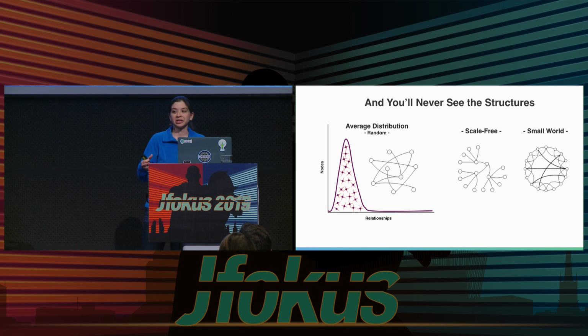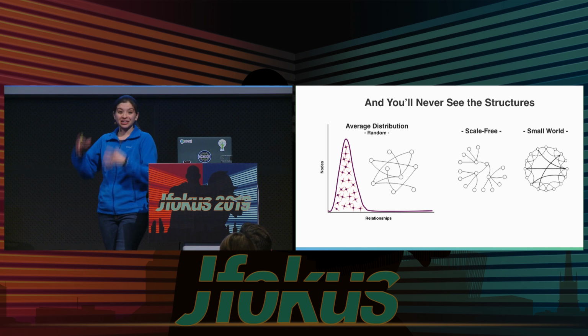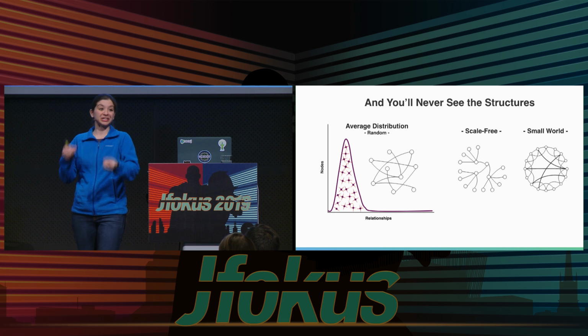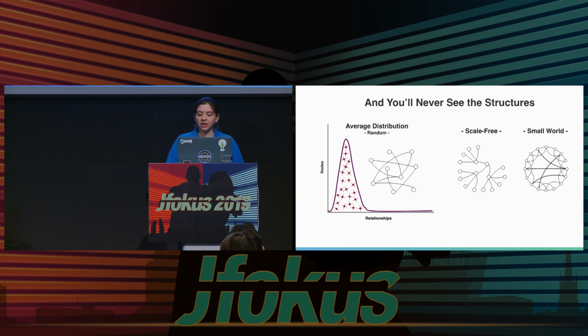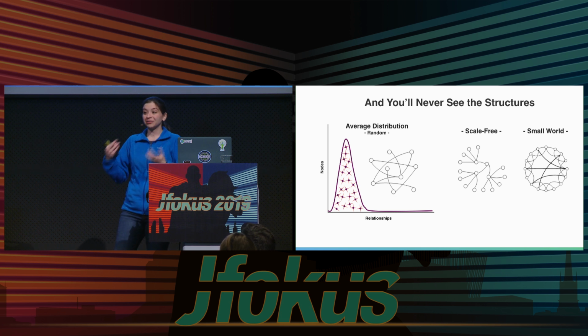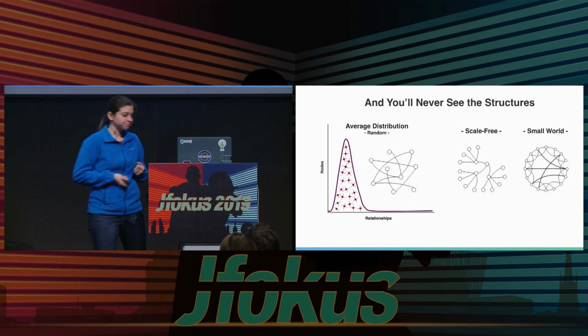So the scale-free network, any data set size you're looking at, has a very similar structure all the way up and down. No matter how it scales, the structure looks very similar. The patterns look similar. The small world network, you can see, is this hub and spoke, very interconnected, kind of like a social network type of structure.